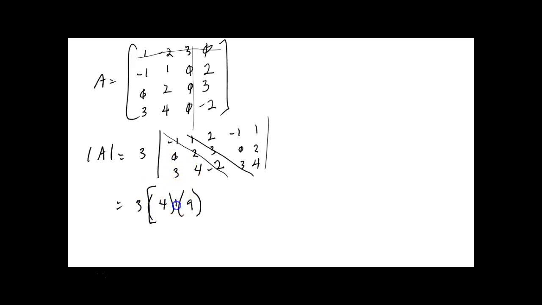Those are pluses here. Plus 9, and that one's going to be a 0 because of that 0 in there. Then we're going to do minus for the up diagonals. So that's minus, a 3 times 4 is 12, so minus 12.